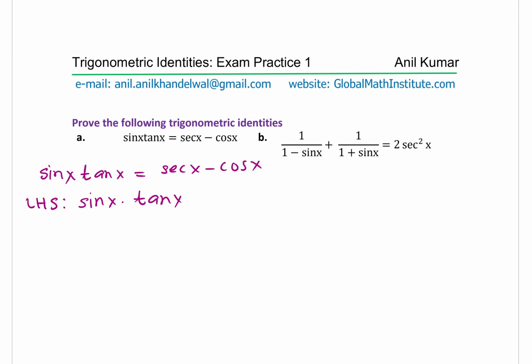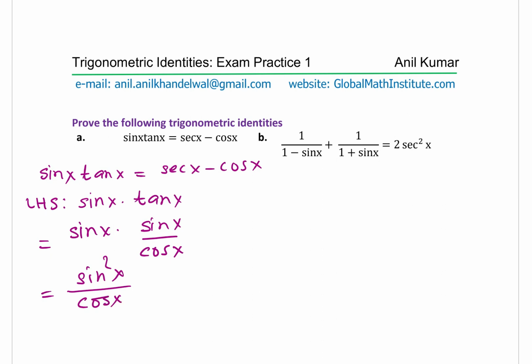Tan x can be written as sine over cosine. So we have sin x times sin x over cos x. That gives you sin square x over cos x. Sin square x is 1 minus cos square x, divided by cos x.